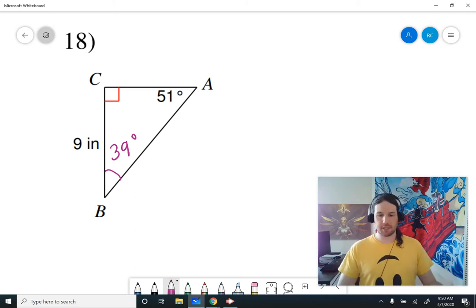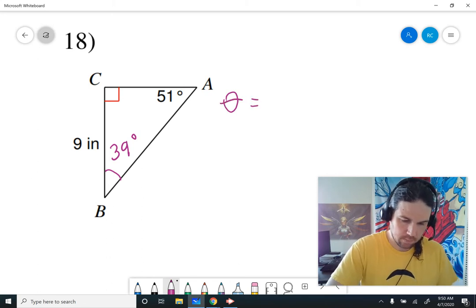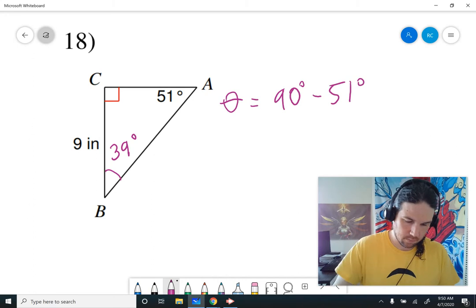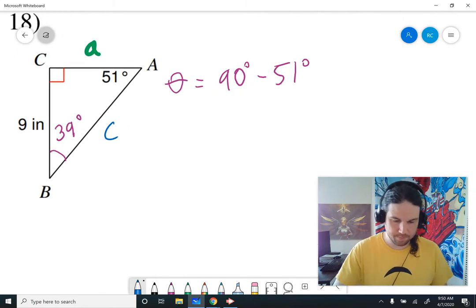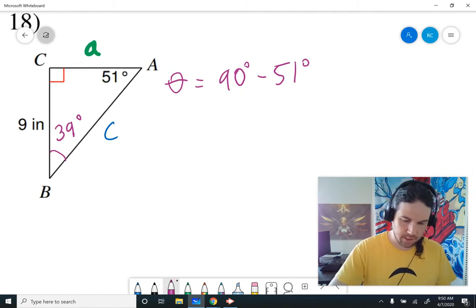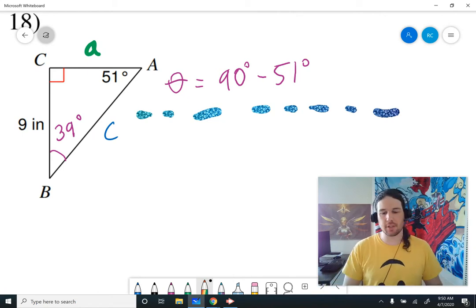You have to document your steps. Okay? So theta is 90 degrees minus 51 degrees, which is 39 degrees. That way the whole thing makes 180.